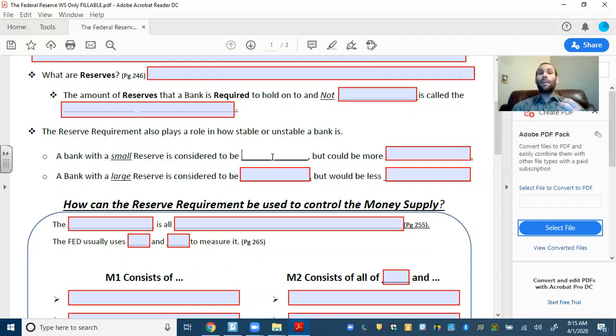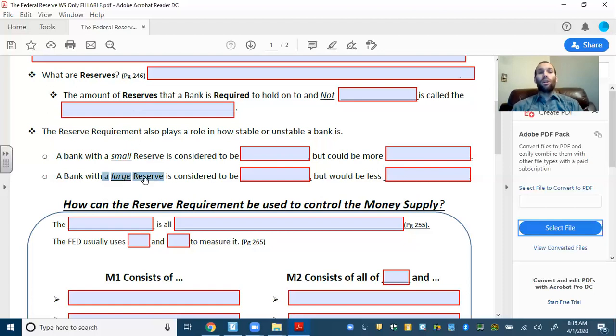Now, it's less stable because it's holding on to less money. So if just a few people go to the bank and say, I'd like to withdraw my money, the bank would run out quickly. On the other hand, that bank is holding on to less money. That means they can loan more out. So that bank would be more profitable and offer people better loans or cheaper interest rates. But remember, on the other hand, it would also be less stable.